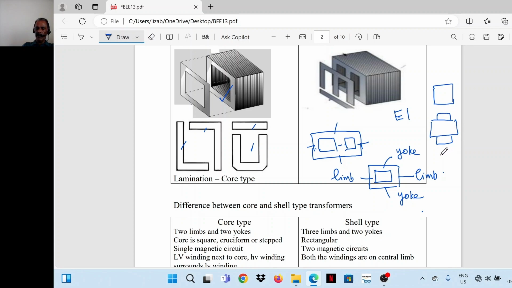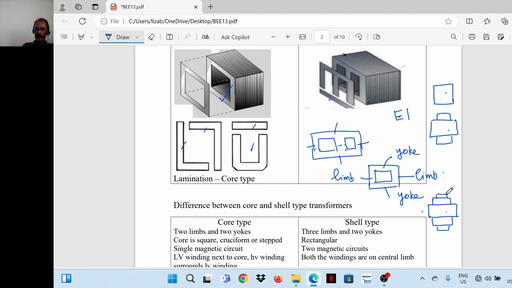Stepped means if more steps are there, this is a step construction: square, cruciform, or a certain definite number of steps.